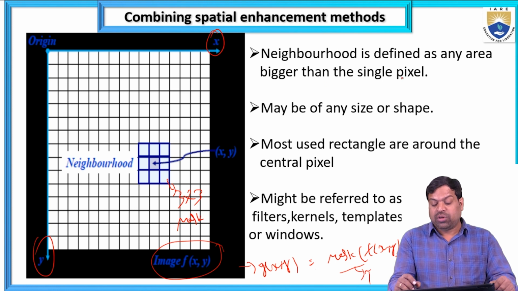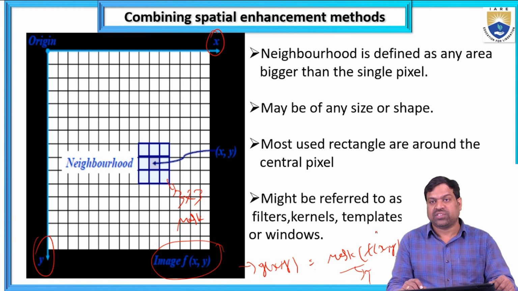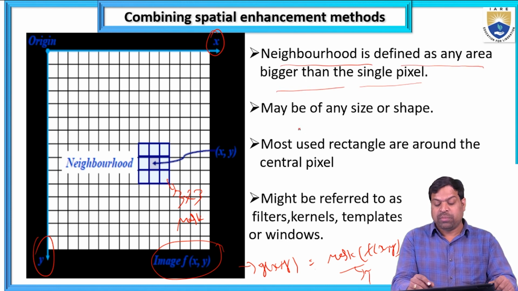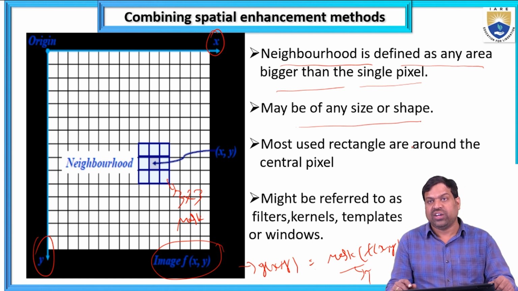A neighborhood is defined as an area bigger than a single pixel, which may be of any size or shape. Most used are rectangles around the central pixel, which might be referred to as filters, kernels, templates or windows.